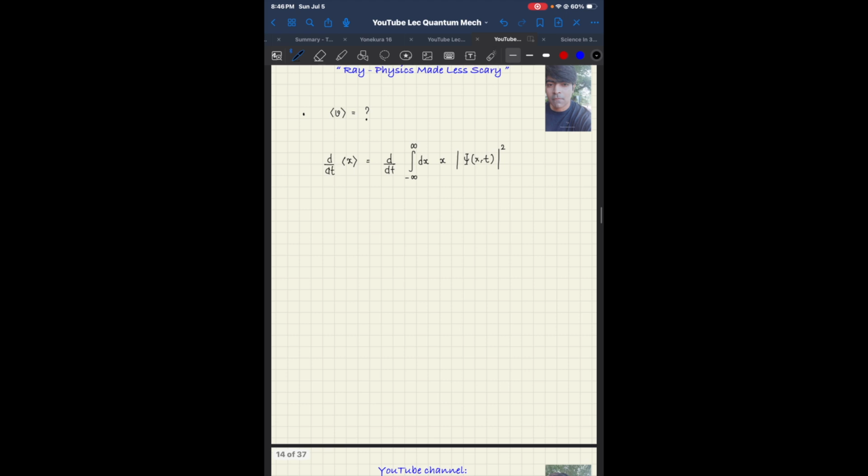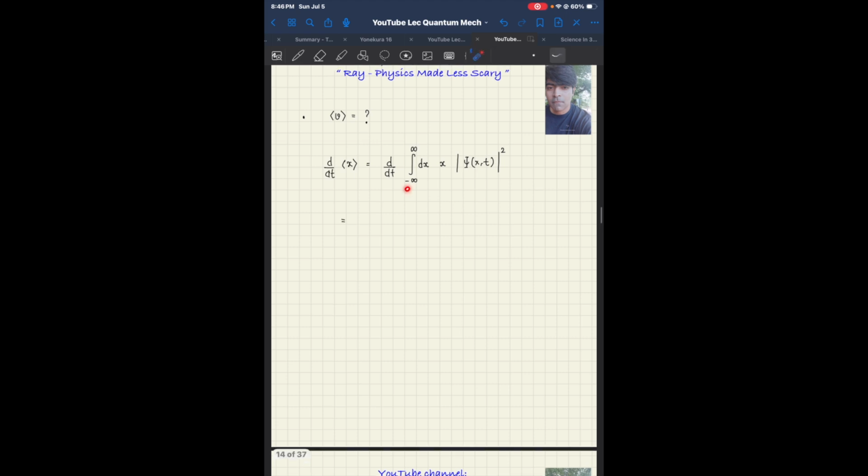So nothing happened here. Note that this d/dt has nothing to do with dx, so I can pull it inside and write this as the integral dx.